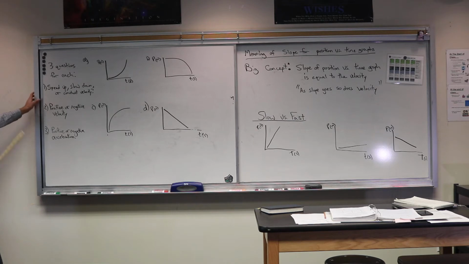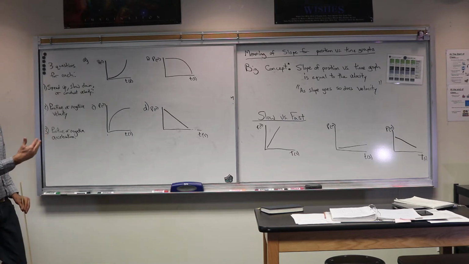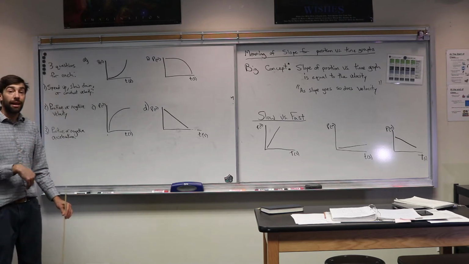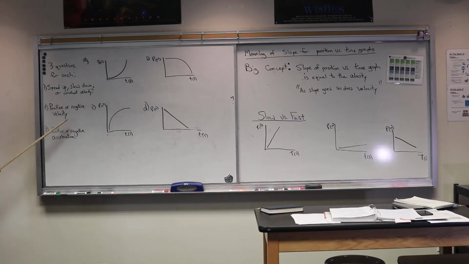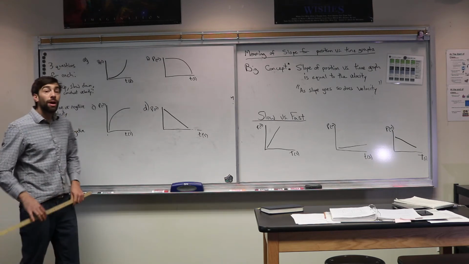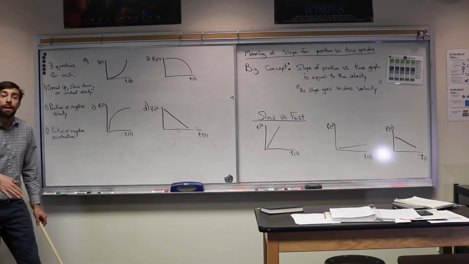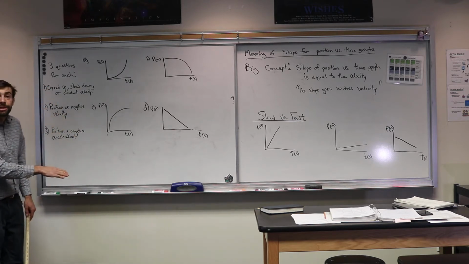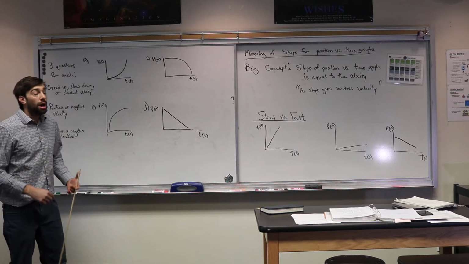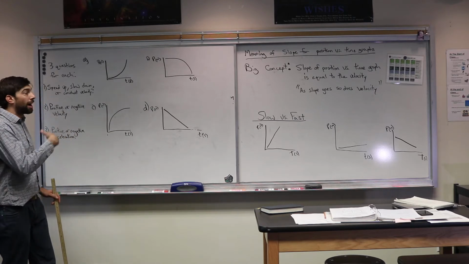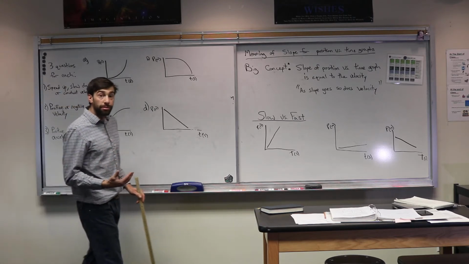Is the motion of this object, or the velocity, positive or negative? And is the acceleration of each of these objects positive or negative? It could also be 0 in both of these cases. So again, if you're feeling confident, go ahead and pause the video and try to answer these questions. If you need a little extra help, just keep watching, and I'll go through these step by step.